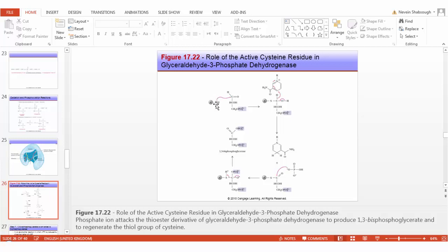The sulfur acts as a nucleophile, attacks the carbon to give a tetrahedral intermediate, which goes through rearrangements, etc. And then the inorganic phosphate oxygen here also acts as a nucleophile. It attacks this carbon to produce a tetrahedral intermediate, which undergoes rearrangement to give the products and to generate the thiol group of cysteine that is on the enzyme.